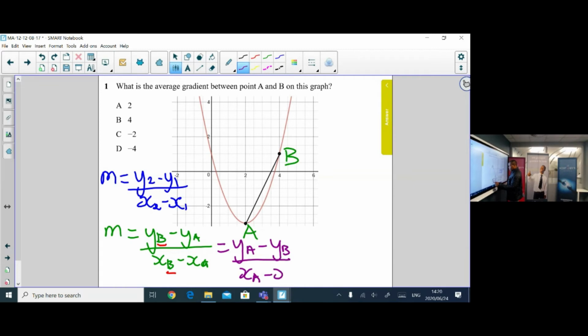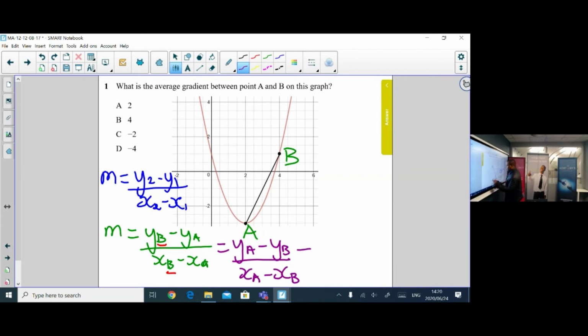Don't half exchange. You must make sure that if you are starting with A, you are starting with A on the numerator and denominator. If you are starting with B, you are starting with B on the numerator and denominator. The same applies if you also have y1, y2, x2, and x1.